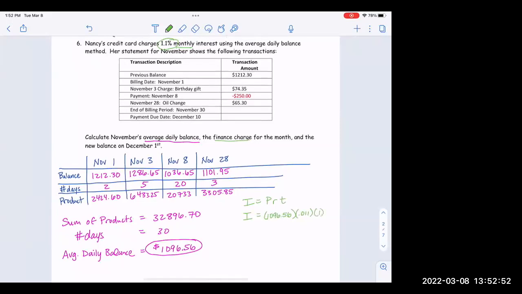So just times 1. $1,096.56 times 0.011 times 1. So the interest in this case, if I round it to the nearest cent, is going to be $12.06. Honestly, for a credit card, that's not too bad.